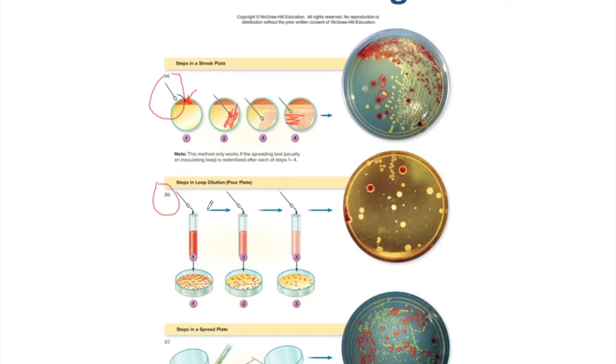And then we continue dip the wire to the second tube with the medium, and then we dump the media to the flask. Okay, and then we continue dip the wire to the third tube with the media, and then we dump the media to the flask with the solid medium.